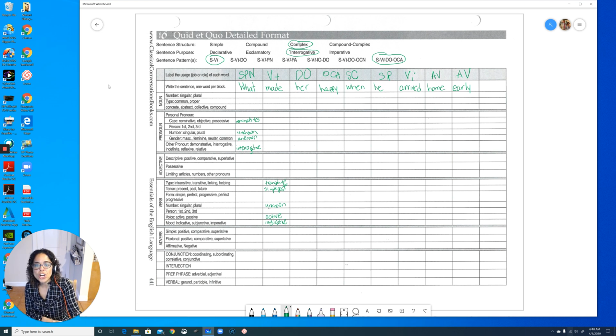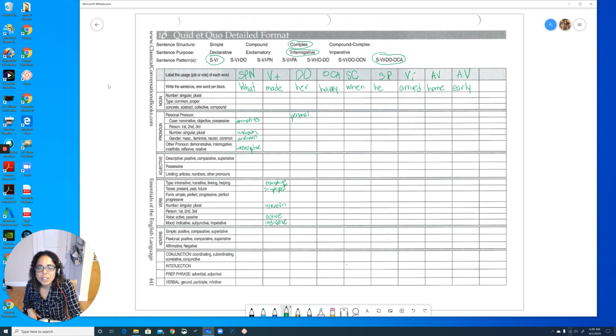Now let's go up to "her." Now her is also a noun, right? So let's go to our noun section. So when we look at her, it's actually a pronoun. What kind of pronoun is it? It's personal, right? This is a personal pronoun. It is singular. We know that.